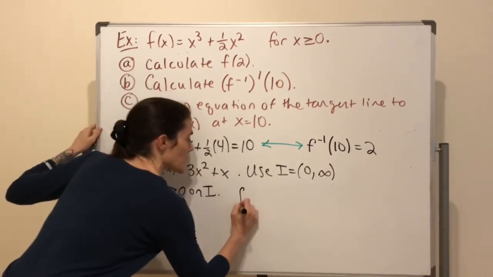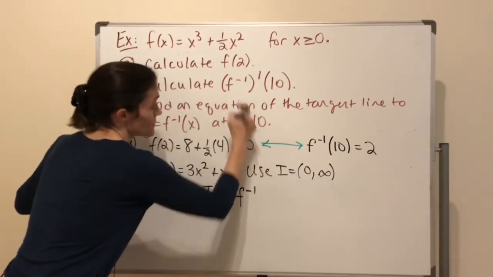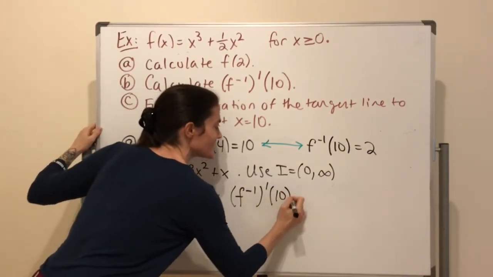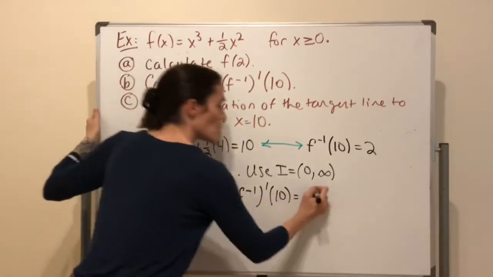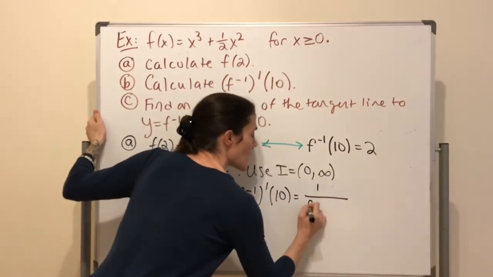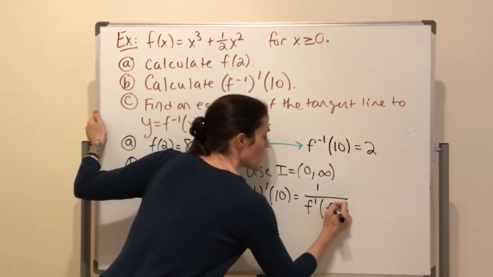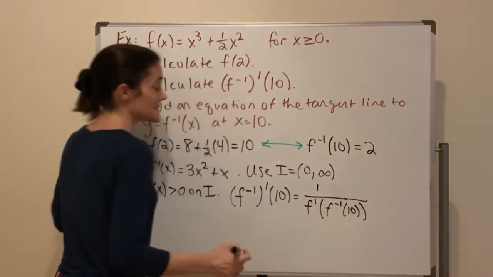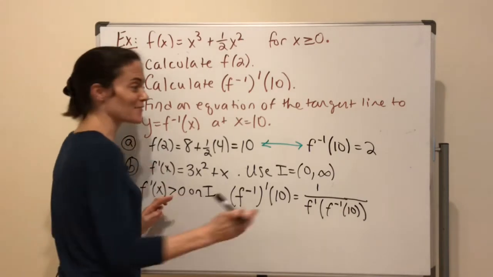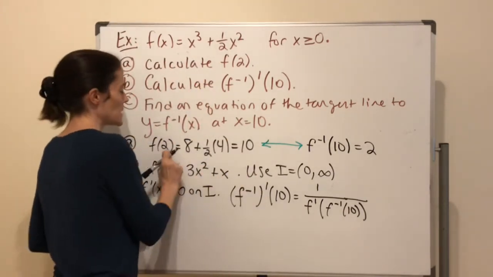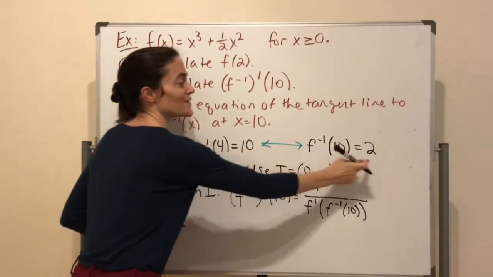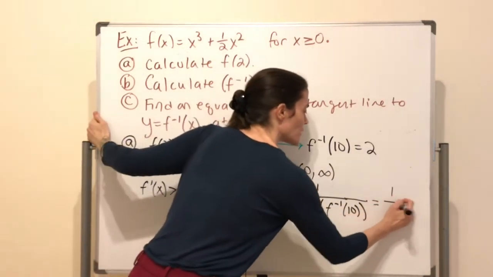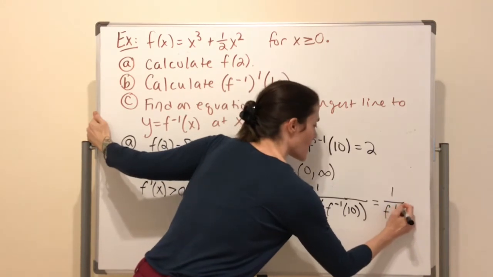Okay, so we get f inverse prime of 10. This equals 1 over f prime of f inverse of 10. Now, part A set us up to be ready for f inverse of 10, right? Because f of 2 is 10, f inverse of 10 is 2, and so we need 1 over f prime of 2.